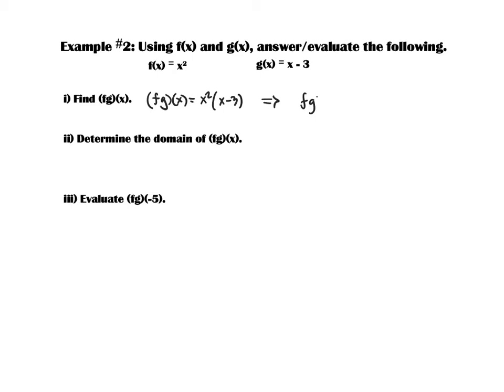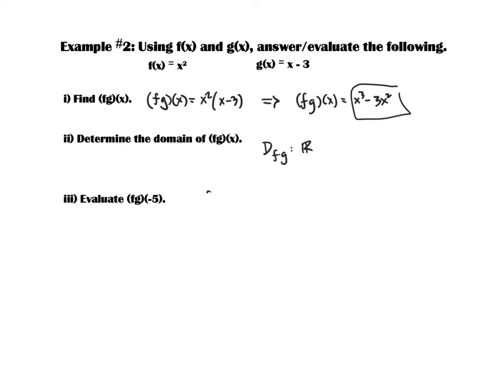So f times g of x is equal to x cubed minus 3x squared. Okay, the domain. I don't have any rational function. I don't have any even root. Therefore, the domain of f times g is going to be all real numbers.